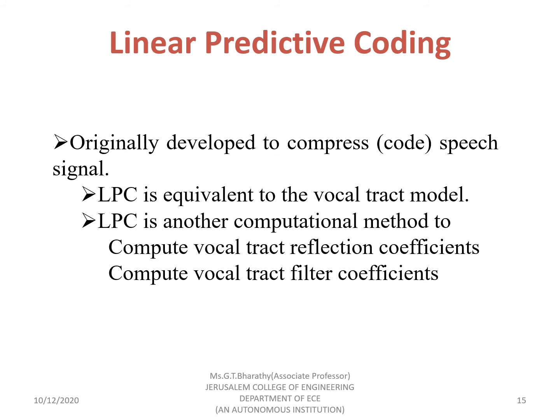Moving on to linear predictive coding. It is mainly used for speech processing. Linear prediction coding, or linear predictive coding, is equivalent to a vocal tract model. LPC is another computational method to compute the vocal tract filter coefficients.